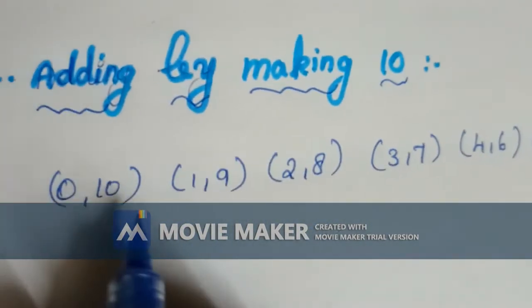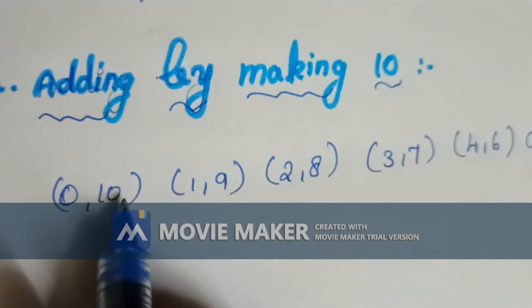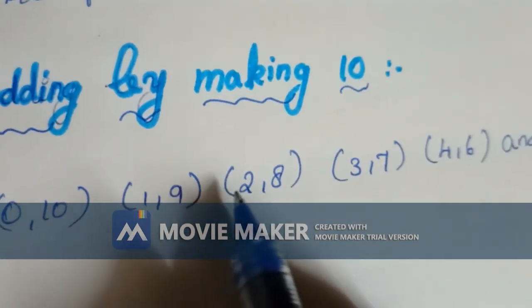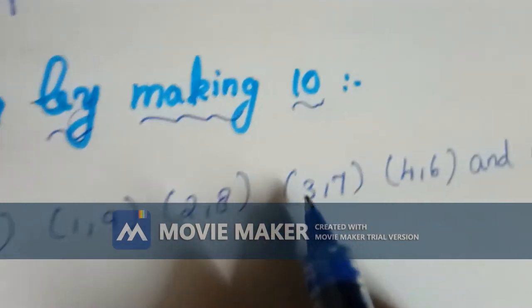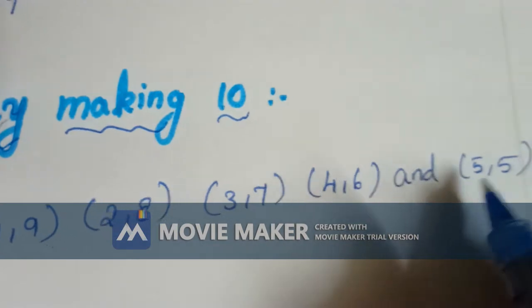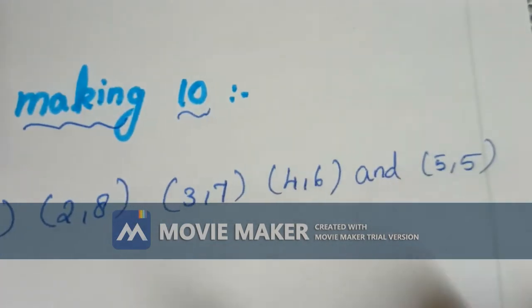Now you can add these two numbers. 0 plus 10 means 10. So 1 plus 9 means 10. 2 plus 8 also 10. 3 plus 7 also 10. 4 plus 6, 10, and 5 plus 5 also 10.